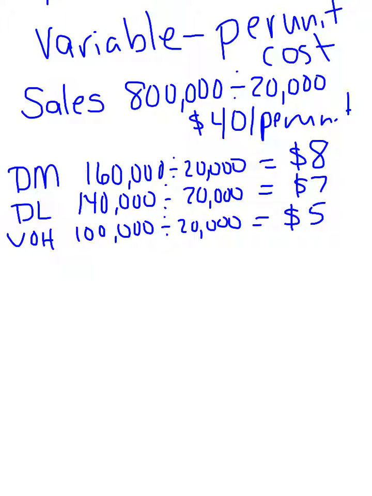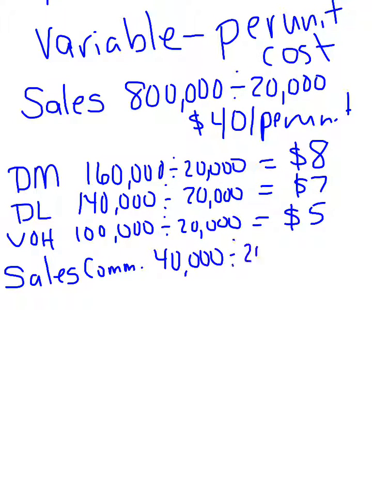So the things that have the stars by them, we won't be finding the per unit cost for. We will only be looking at those variable items, and for anything that is variable, we will figure out the per unit cost.